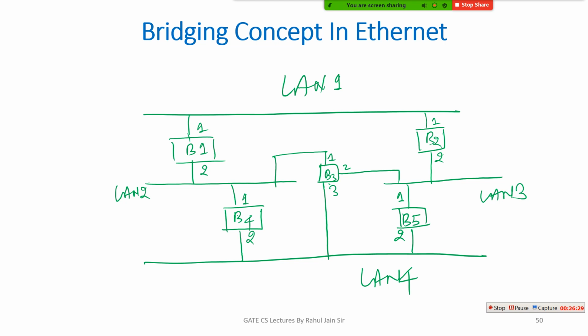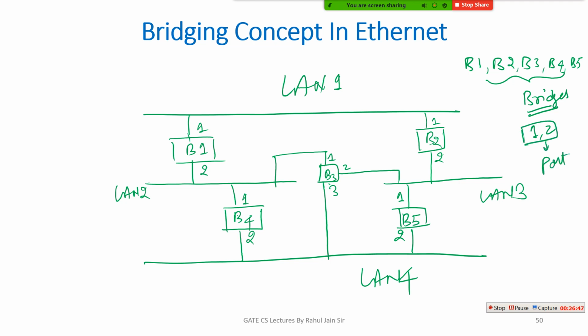So here you can note B1, B2, B3, B4 and B5. They are the bridges. And 1, 2 are the port numbers for each bridge.